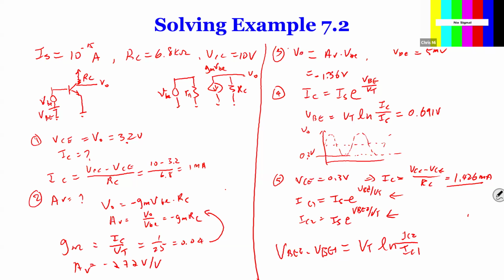VBE1, for example, now is 0.2 volts, and you got IC. Now I change VBE2 to 0.3 volts, you got another current. So it's the same circuit, but for different input. So your input is 1, your output is this, your input is 2, your output is this. So it just gives different numbers.